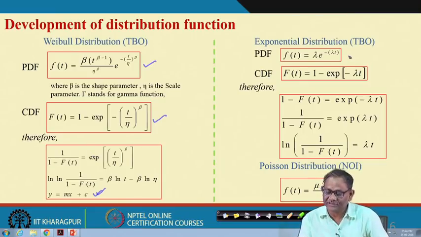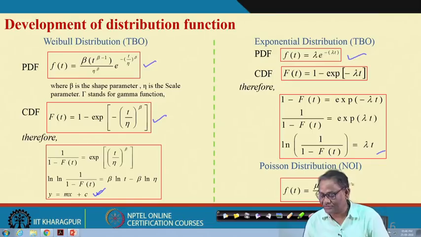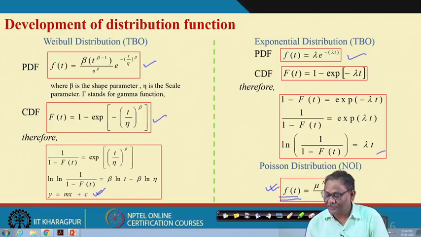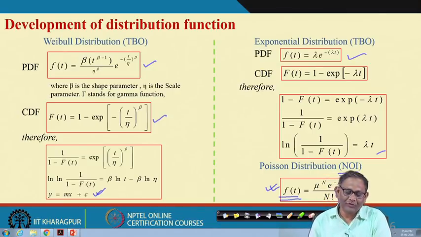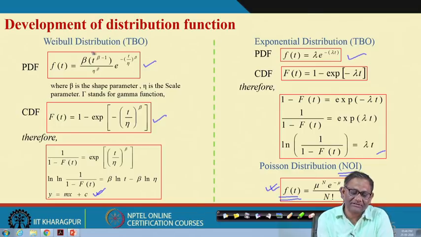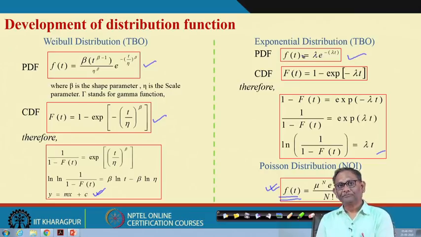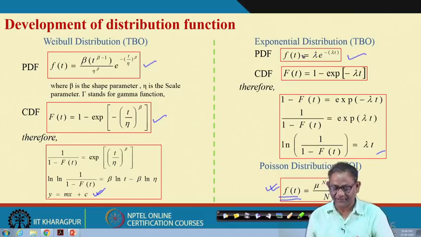Similarly, for exponential distribution you have seen this kind of plotting, and the PDF of the Poisson distribution is this. If you consider number of occurrences or incidents per month, then you use Poisson distribution. If you use time between occurrences, then you find out whether TBO is exponentially distributed or Weibull distributed.